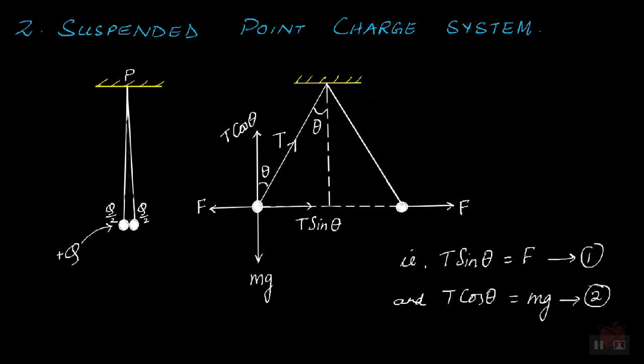Using equations 1 and 2 we can solve many things. For example, we can find the angle that this string makes with the vertical, or the value of F, or the tension. Alright, so these are the equilibrium systems that I wanted to discuss with you, and these are important for the numerical exercises. Thank you.